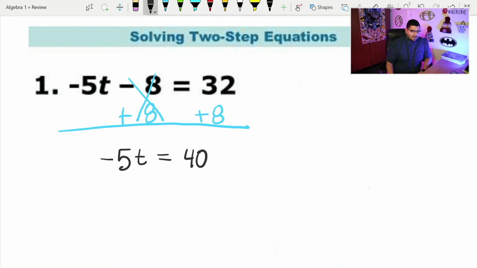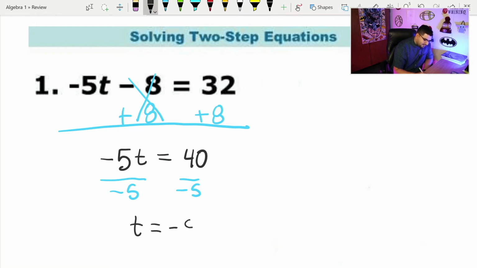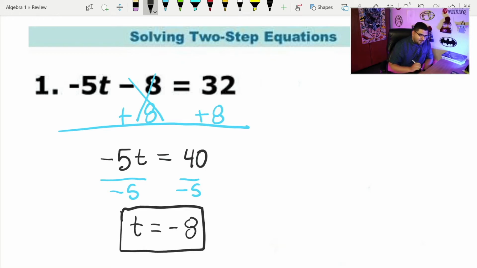From this point, I can try to remove the 5. They're multiplying negative 5 to the t, so I'm now going to divide by negative 5 on both sides, which will get me t equals 40 divided by negative 5, which is negative 8. That's how we solve our first two-step equation.